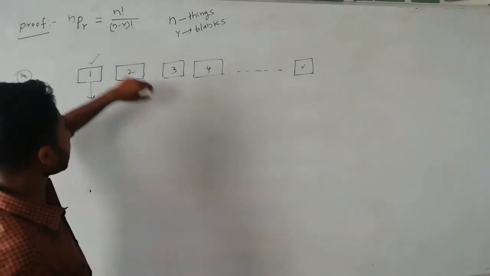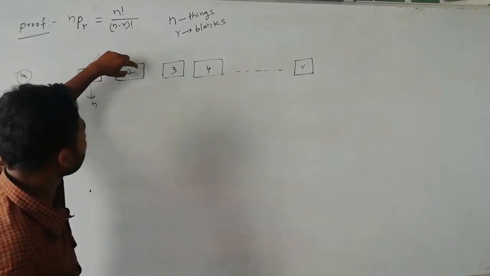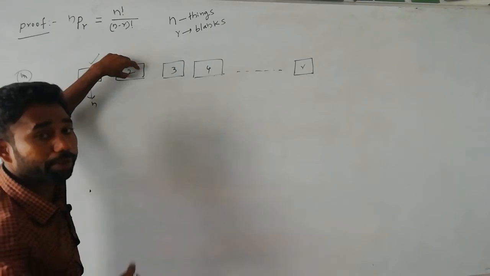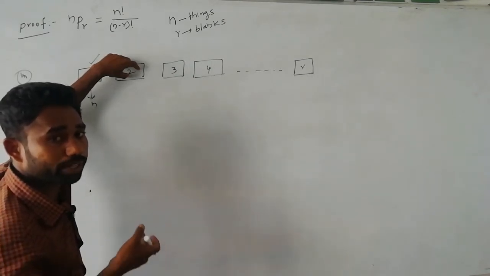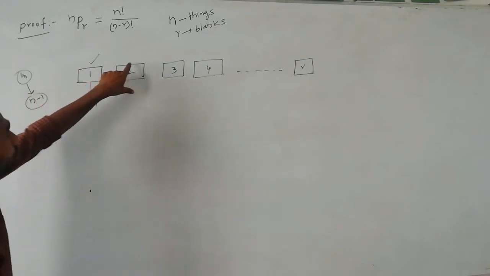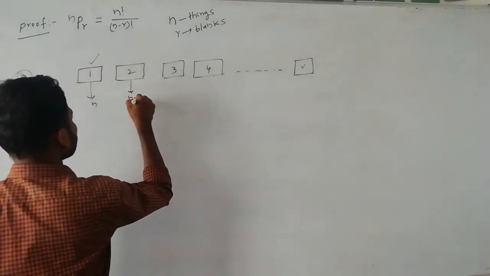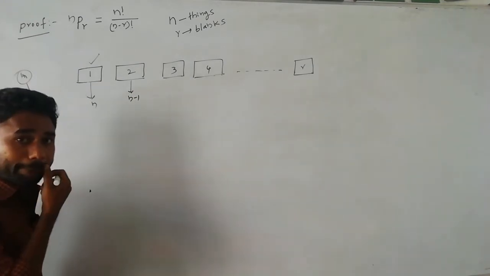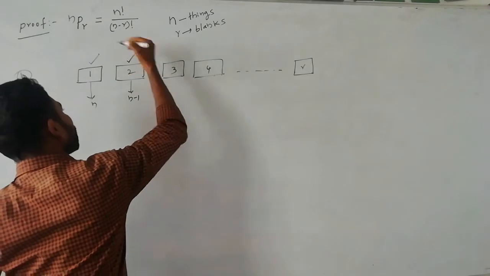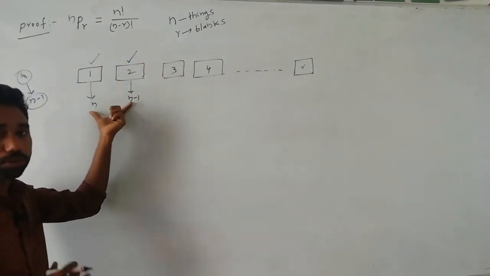Okay, so in how many ways can we fill up the second blank? Remaining how many things? Out of the n, one number is over. Remaining n minus 1. Next, coming to the third: two blanks over, two numbers over.